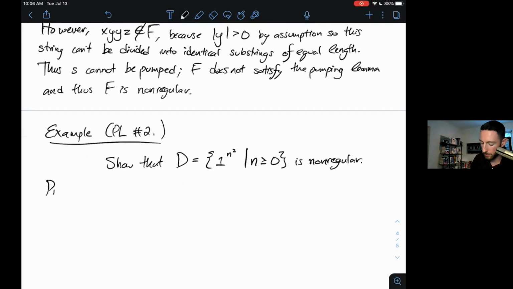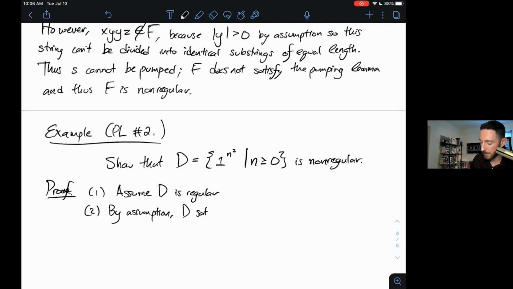So to prove this, using the pumping lemma, as always, we'll assume D is regular. So therefore, by assumption, D satisfies the pumping lemma.